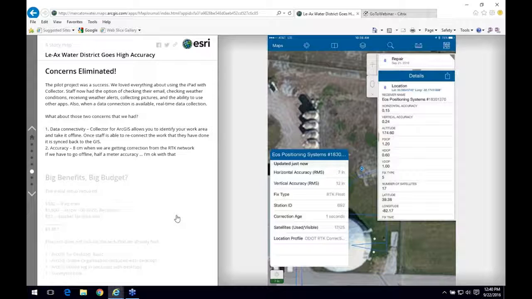It also has its own onboard correction. For LEACs, if I'm getting points that are sub-meter, it seems like most of our stuff's coming in half a meter or better. We're looking for a 9-inch valve lid, or a meter pit lid that's maybe 15 inches in diameter. If we can't find that within that accuracy, there's something wrong with us.